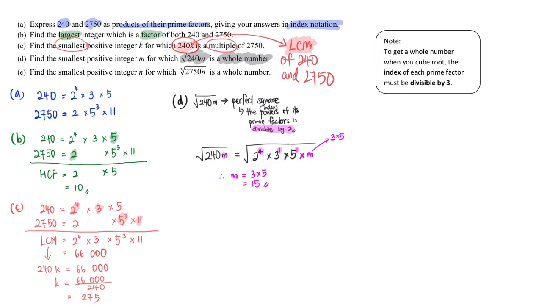And for part E, the last question here, we have a cube root, and it is again a whole number, so using the same idea from part D, instead of a square root, it is a cube root.